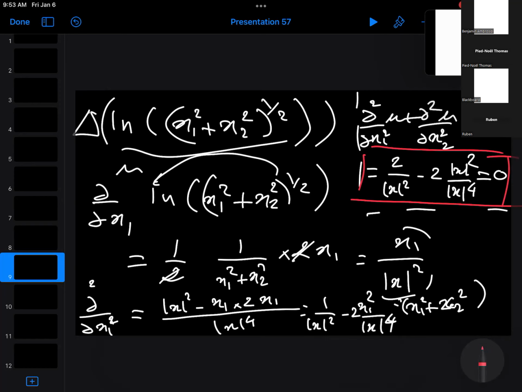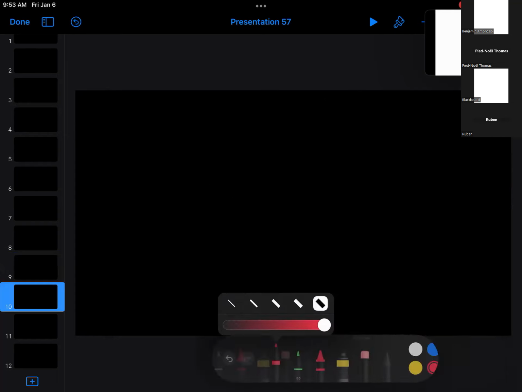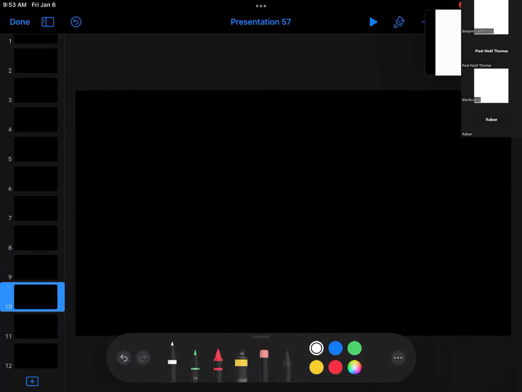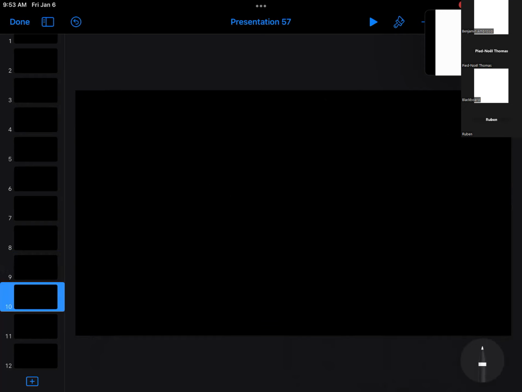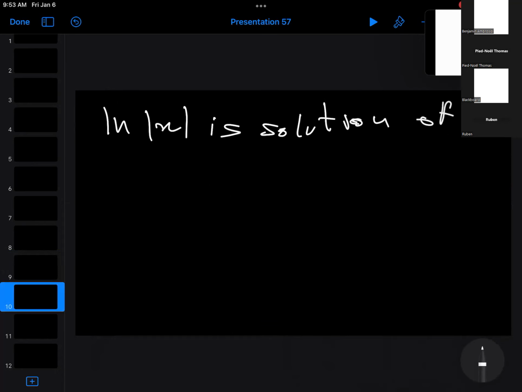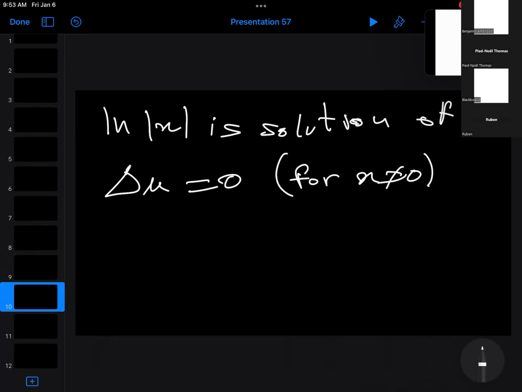This means that log of the norm of x is a solution of Laplacian u equals 0.